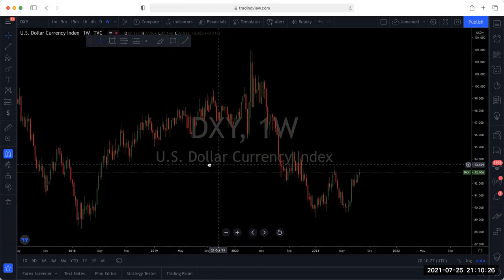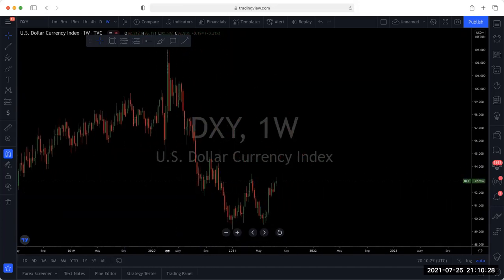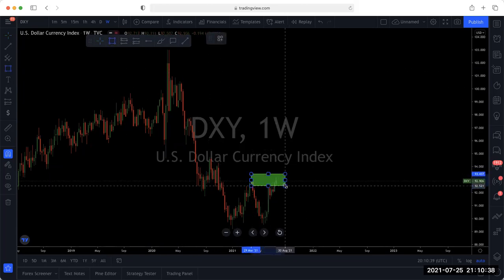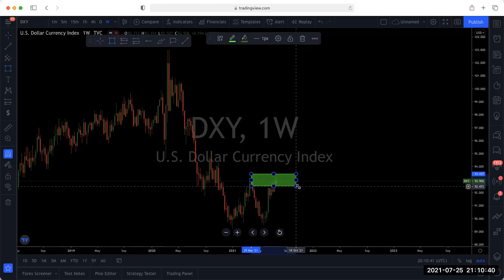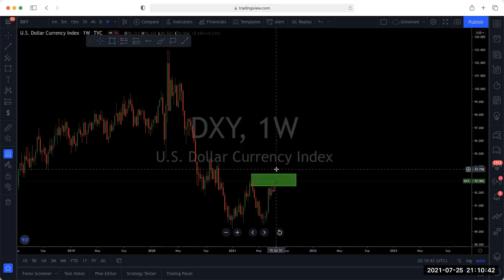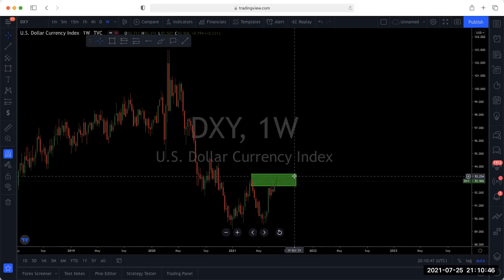Okay, we're going to start with DXY, just like what I said. And as you can see, look at the structure that this is really giving to us. Now, anytime price is building something like this, and you can see there is an SOB building around this area, then we have price sitting in that zone already. As you can see, price is sitting on this zone already.